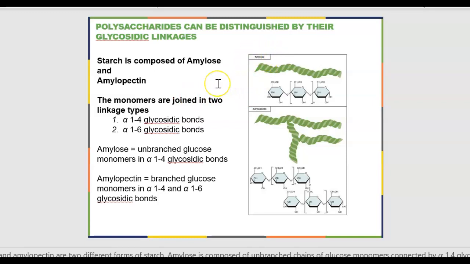Looking at these individual units, basically these are all glucose monomers that are joining, in this case, in a straight chain. So that's really the amylose version. And the way they're joined, you can see over here, is this idea of alpha 1 to 4 glycosidic bonds, or alpha 1 to 6 glycosidic bonds.